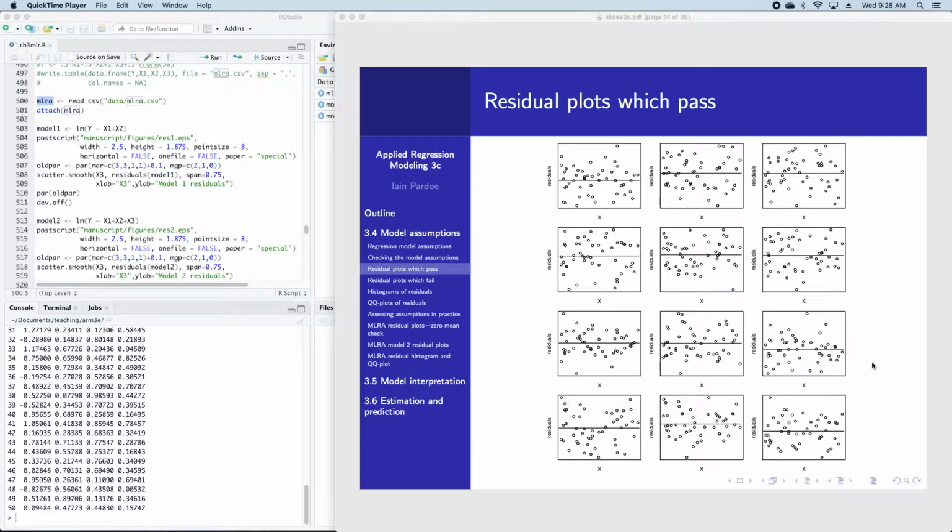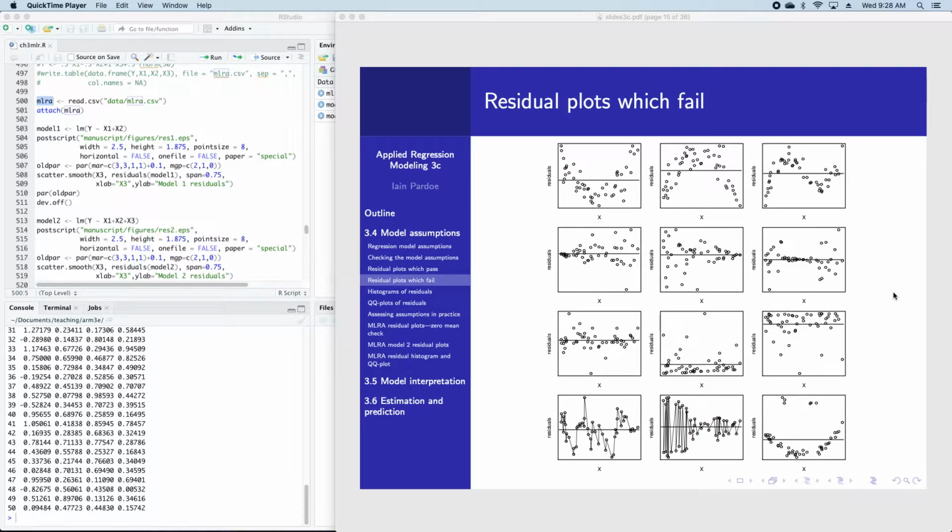And it's important here to not get too stuck on very subtle patterns, because it's easy to overinterpret these plots by finding patterns and thinking that, oh my goodness, there's something going on there. But in reality, you're just looking at random data, and all these data were generated randomly, so it really is random data that we're looking at. So there's nothing to worry about in any of these plots.